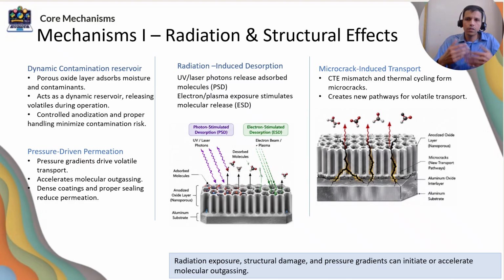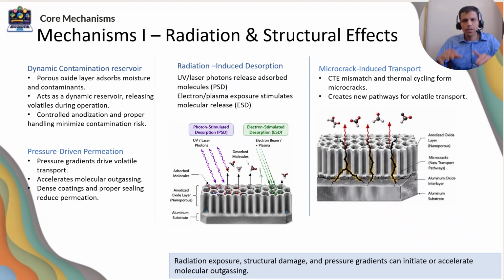If the unit is installed on a vacuum system, it's continuously pumped away, along with all the outgassing. But if it is installed on an ambient system, there is more chance of this outgassing risk. The lower corner is about the pressure-driven mechanism, called permeation.